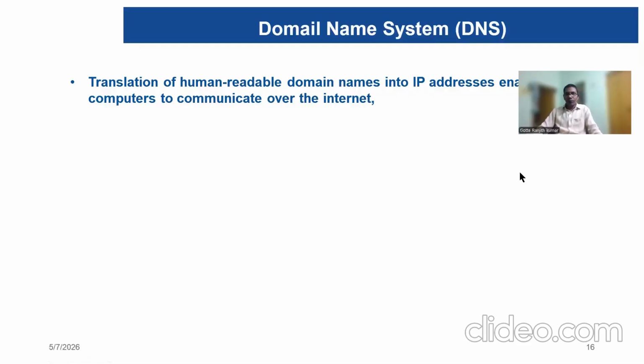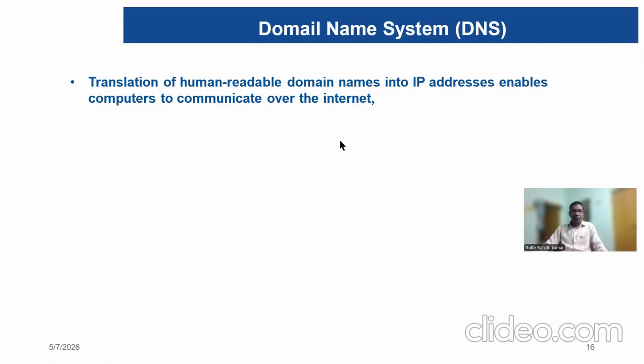The demonstration of the DNS domain name system server, and this server is used to translate the human readable domain name into an IP address. Because over the internet, whenever we try to open any website, we simply type that website name like google.com, yahoo.com, or facebook.com.